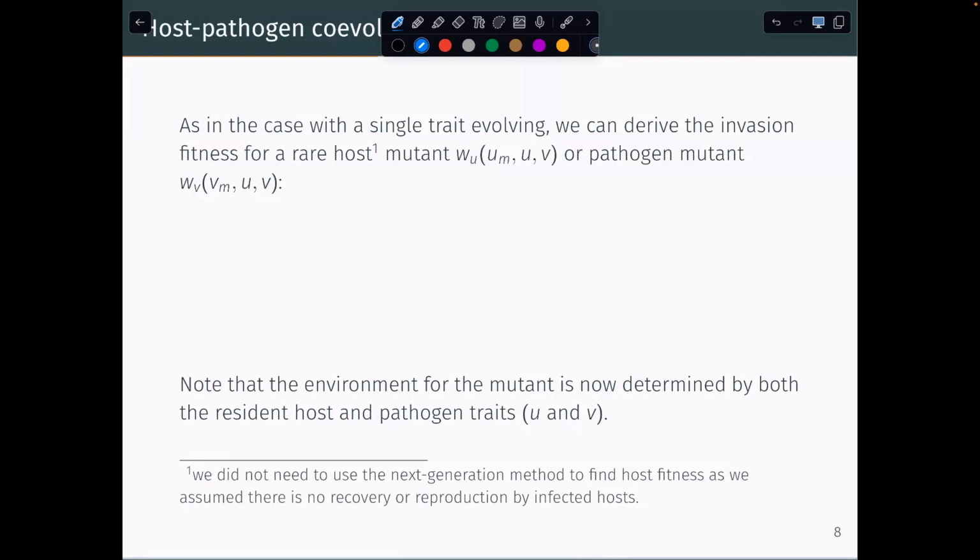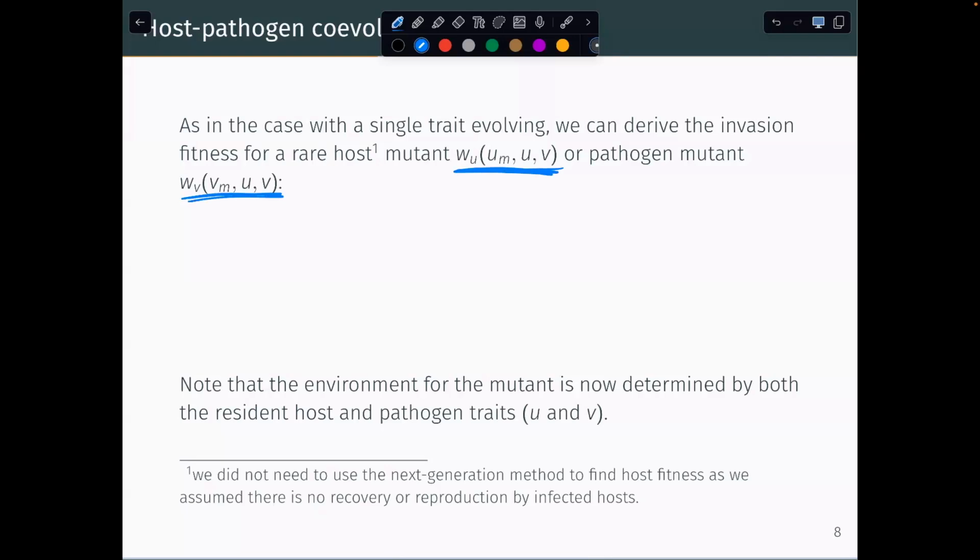So that means that our invasion fitnesses for our host and for our pathogen, which are called WU and WV, are now going to be functions of 3 variables. So for our host mutant with resistance level, it's invading a population that is defined by residents with traits U and V. So a resident host population that has resistance level U, and what is the pathogen's current infectivity level?